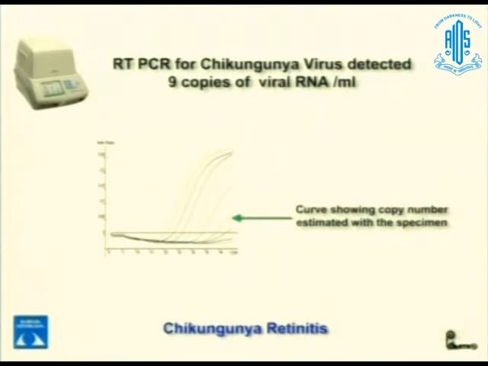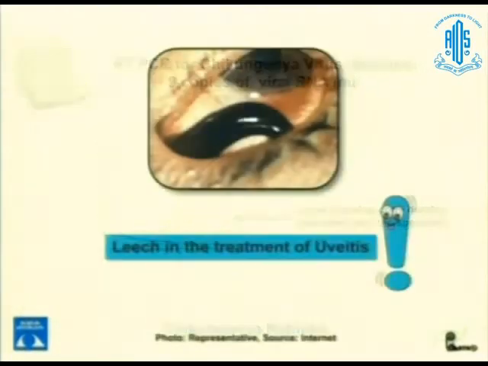The real-time polymerase chain reaction not only diagnosed the virus, this technique quantified the 9 copies of viral mRNA present per ml of the aqueous sample. So this is the utility of the real-time PCR. It quantifies the viral load in the aqueous humor also. So this was a case of acute retinal necrosis.